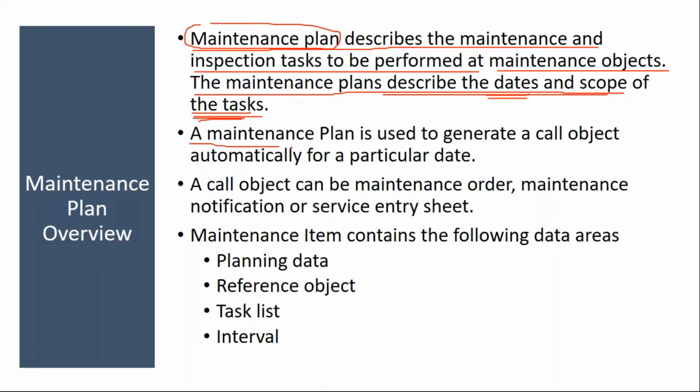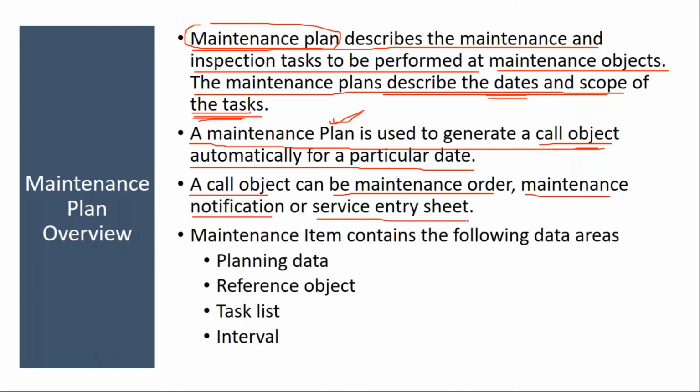A maintenance plan is used to generate a call object automatically for a particular date. So basically, using this maintenance plan, you will automatically generate the orders. Call object, normally the orders. We have some different call objects also. A call object can be a maintenance order, or a maintenance notification, or a service entry sheet.